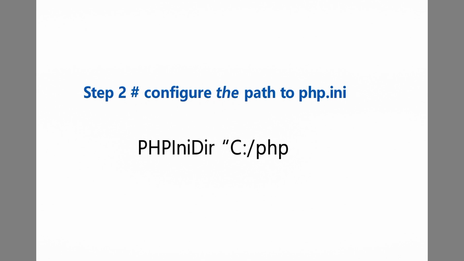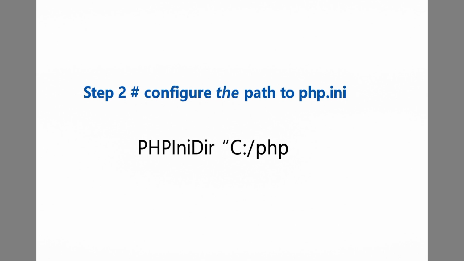For example, if your PHP installation is located in the directory C:/php, you would add the following line to your Apache configuration: PHPIniDir "C:/php". Make sure that the path you specify here matches the actual location where PHP is installed on your computer. The quotation marks are important, especially if your directory path contains spaces. This setting ensures that when Apache starts, it will load the correct php.ini file and apply all the necessary PHP configurations automatically.